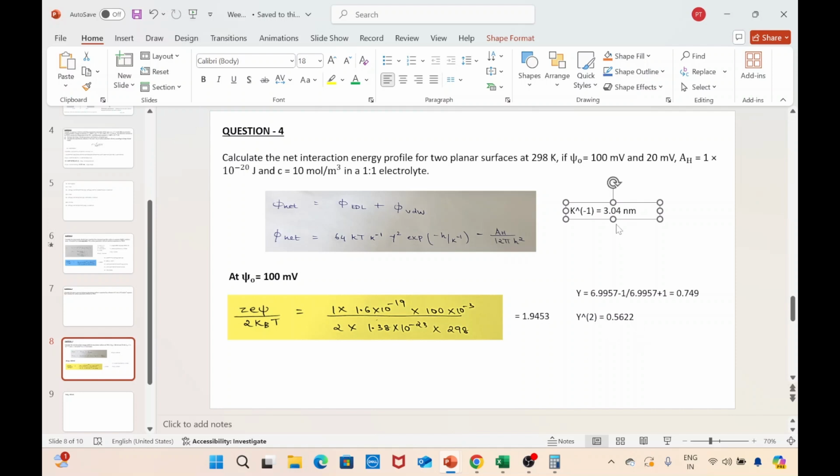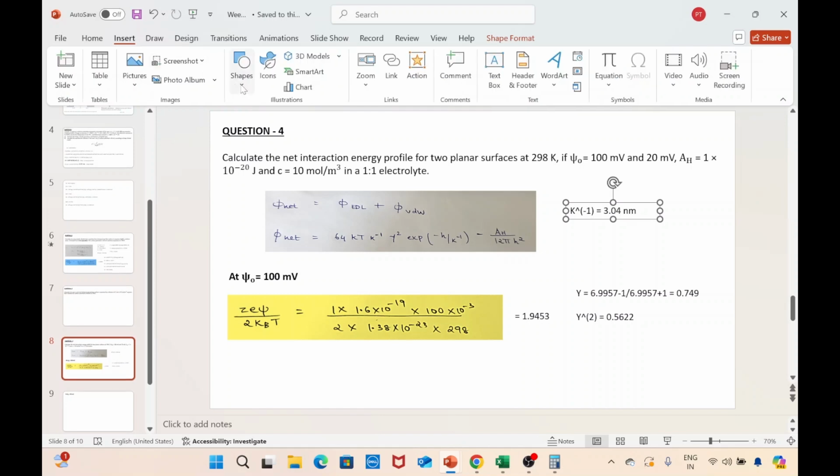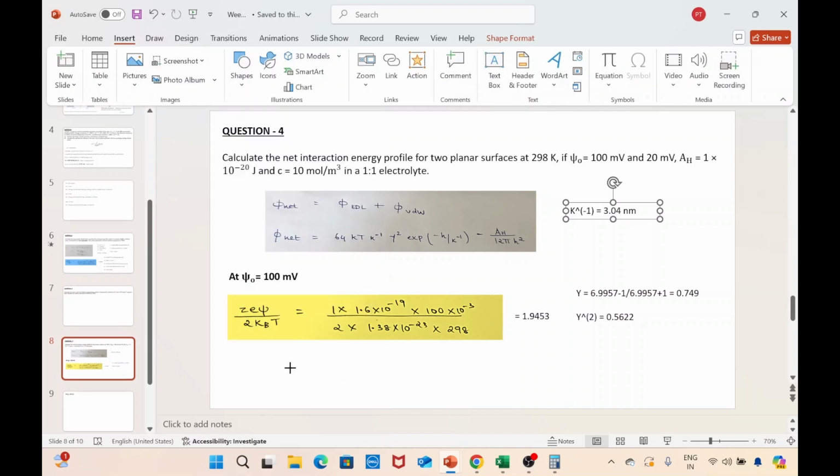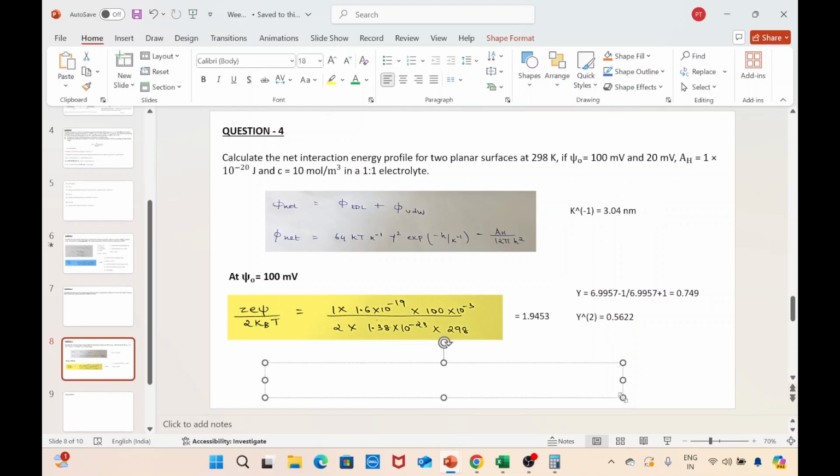So you know gamma square, you know kappa inverse, and you just need to substitute and get the expression in terms of h. That is the net interaction energy.